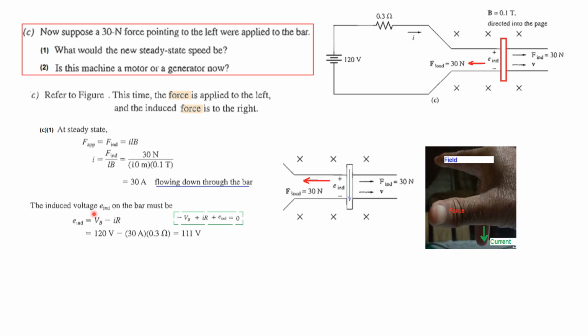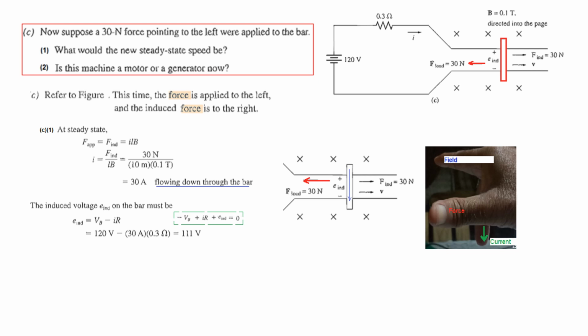And now the induced voltage we can find from the circuit. So E induced is VB minus IR. You can follow this KVL: minus VB plus IR plus E induced. Plugging in the values, VB is 120, and I and R as before.